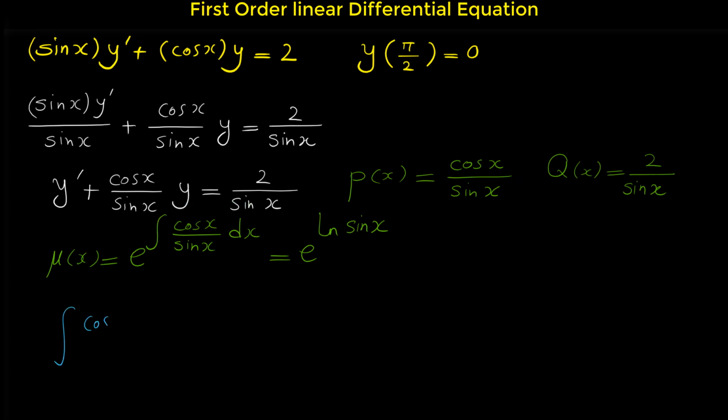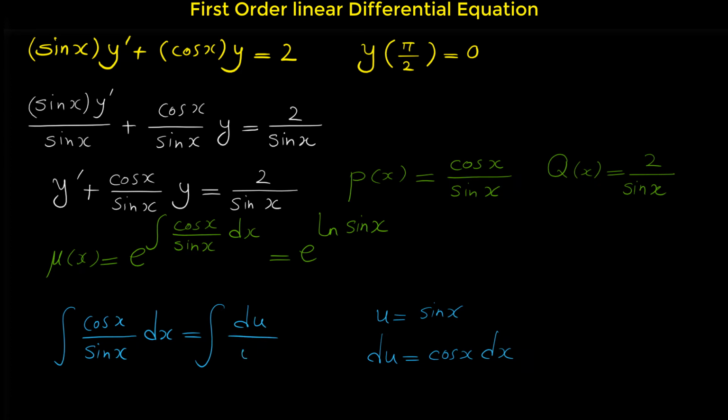For finding integral of cosine of x over sine of x dx, you can do a simple u substitution. If you choose the denominator of this expression to be u, du is cosine of x dx, and so we can write this integral as du over u.